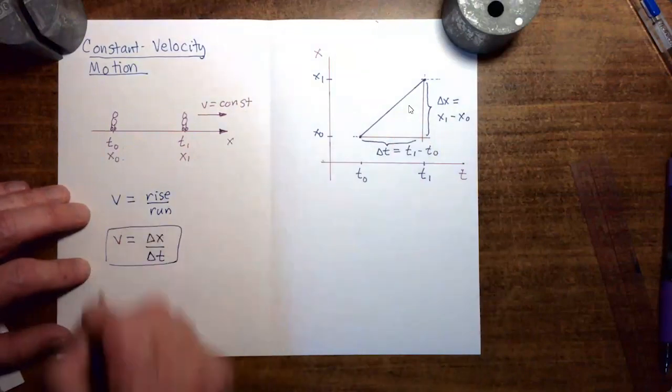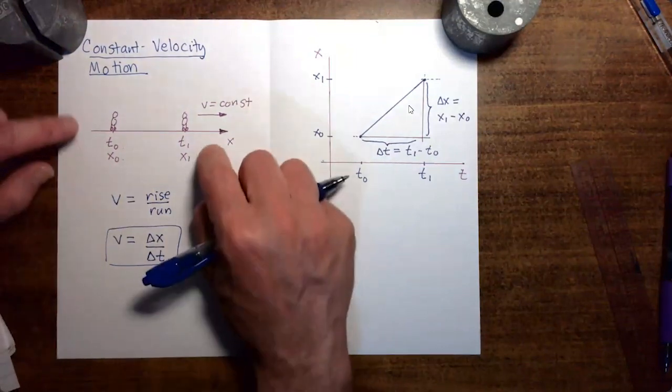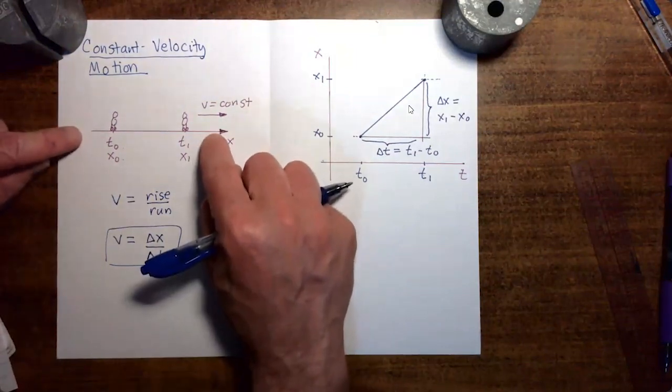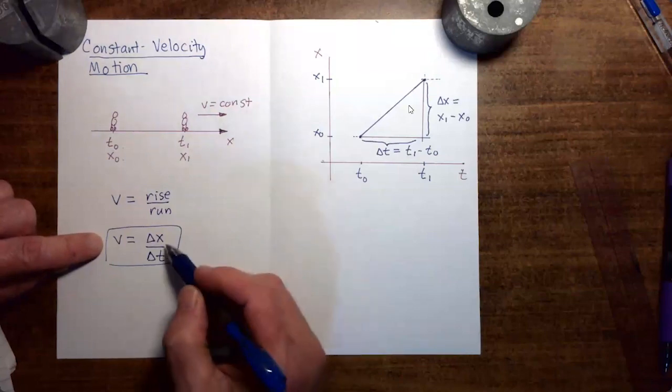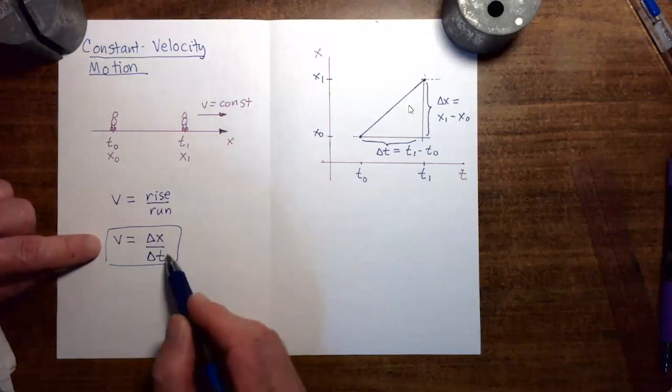So here we have one equation that we can use to describe situations where an object is moving with constant velocity. If an object is moving with constant velocity, then that velocity is equal to the change in position divided by the time interval during which that change in position occurred.